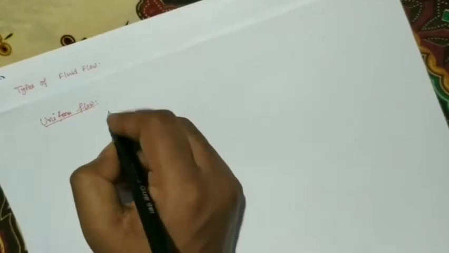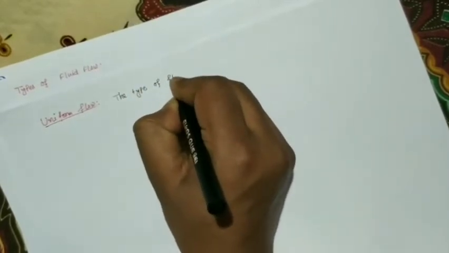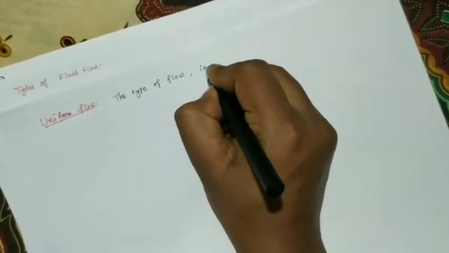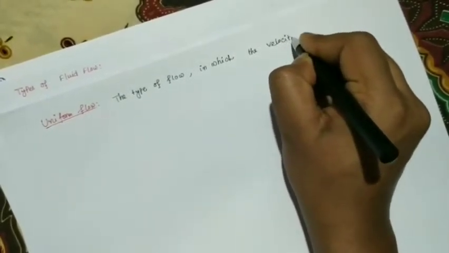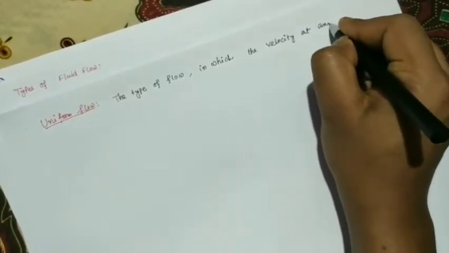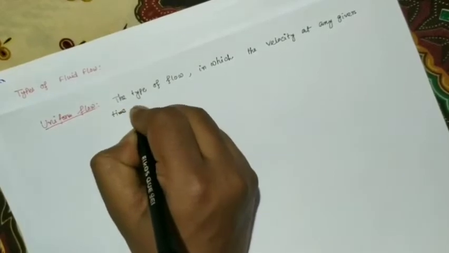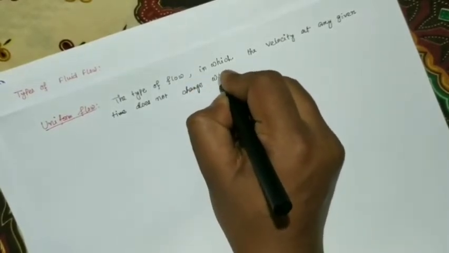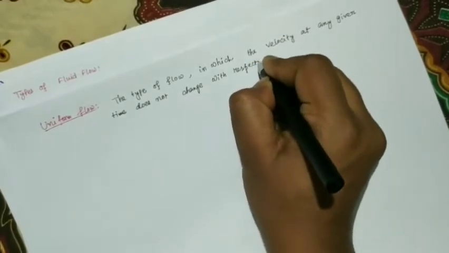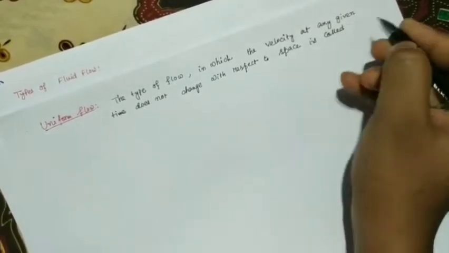So we can write: the type of flow in which the velocity at any given time does not change with respect to space is called uniform flow.